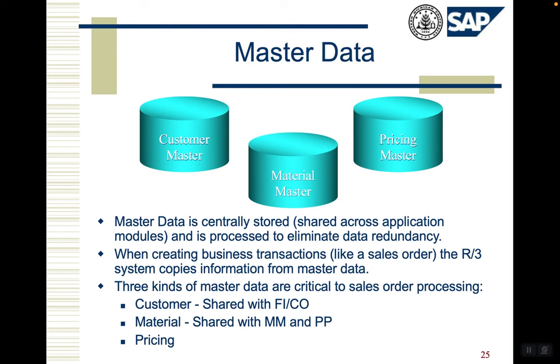The third set of master data that's really important is the pricing. Pricing can be very sophisticated or complicated depending upon your business. Usually we think of going into a store where there's a price, you pay the price and you take the material.